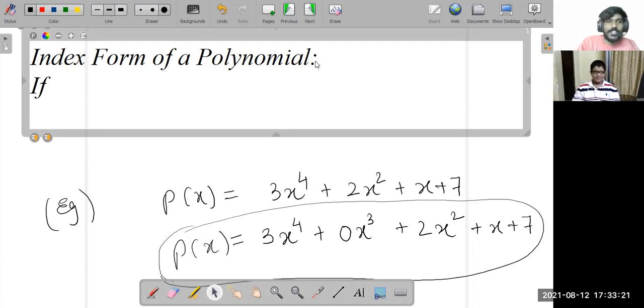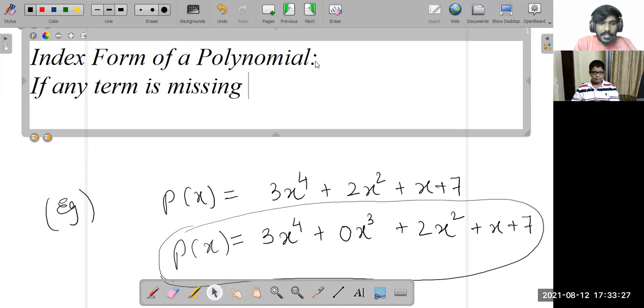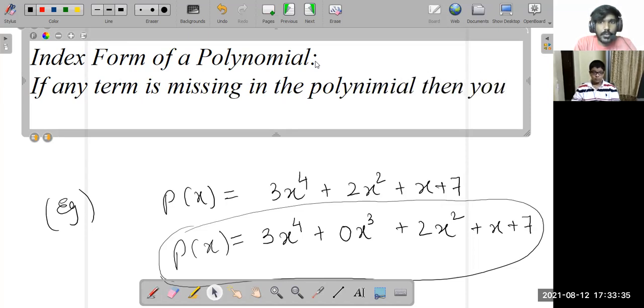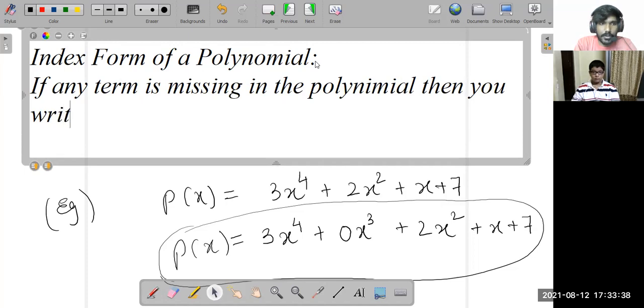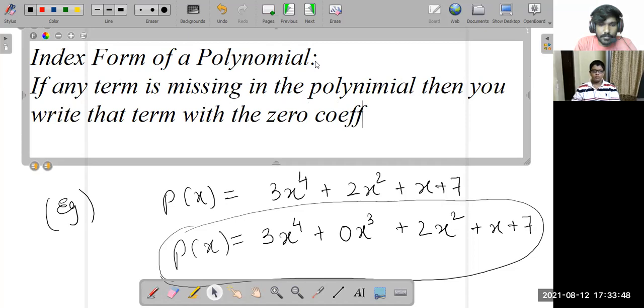Okay, so I'll write the definition. If any term is missing in the polynomial, then you write that term with 0 coefficient.